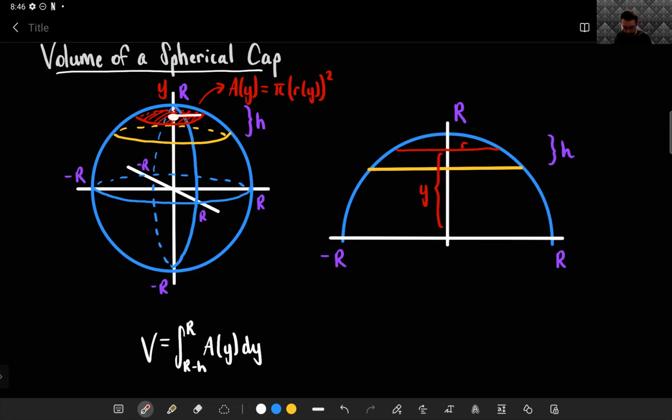As I'm integrating along y, that's the height of the slice I'm currently adding up, so labeling that y makes sense. And like I said, the top is capital R, and then you might think, oh, I could make a triangle out of this, a right triangle in particular.